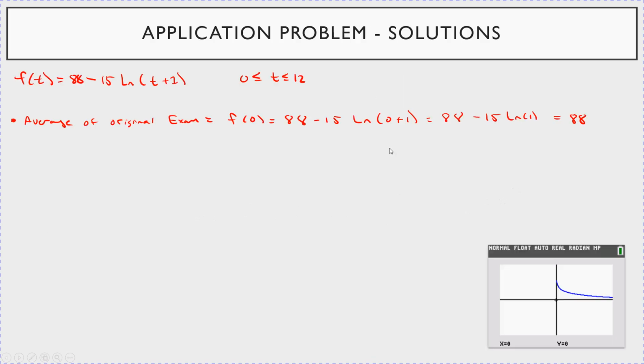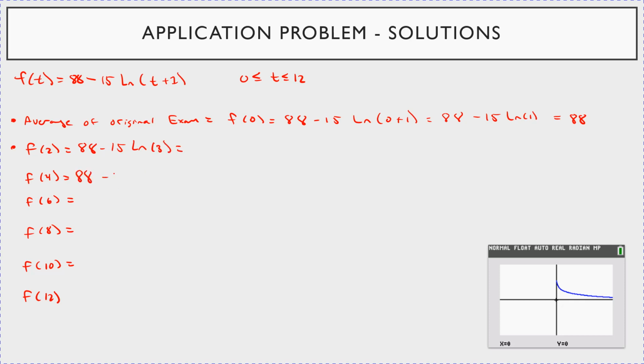So what we've got to do is find f of 2, f of 4, f of 6, f of 8, f of 10, and then f of 12. So basically, this is 88 minus 15 times the natural log of 2 plus 1, which is natural log of 3.